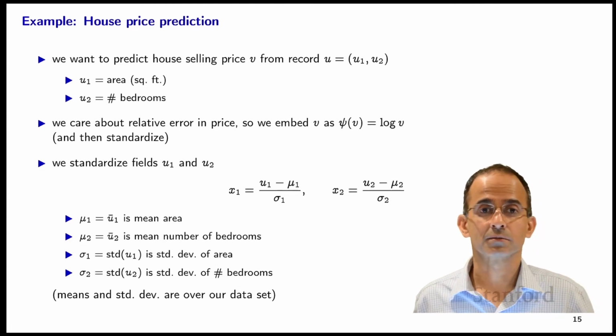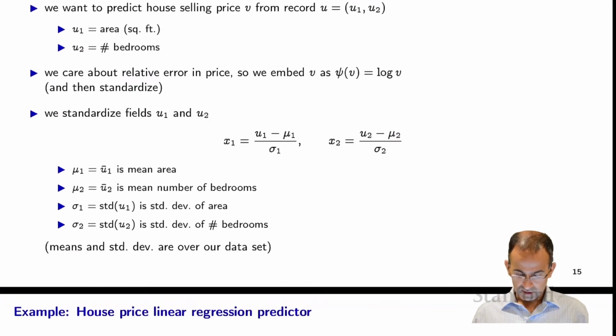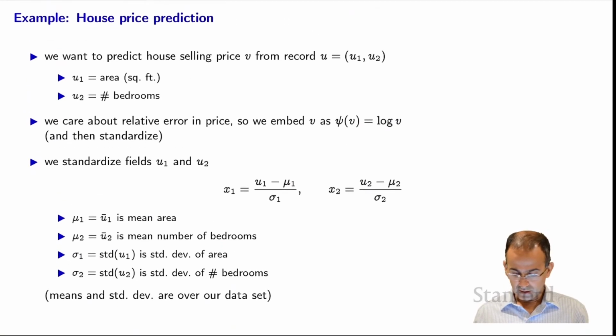And then we'll standardize. We also standardize the records u. In particular, we standardize the fields u1 and u2. And we do that by subtracting the corresponding means and dividing by the standard deviations. The reason we do this is easy to see if we consider having two different records.